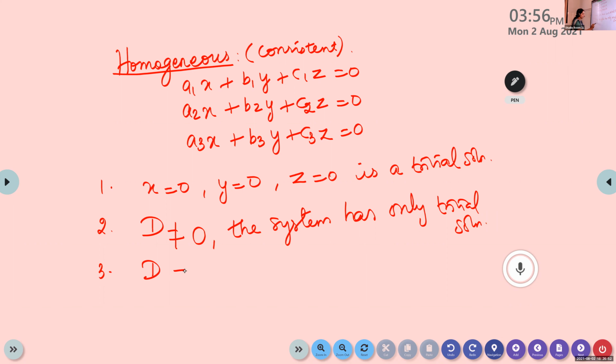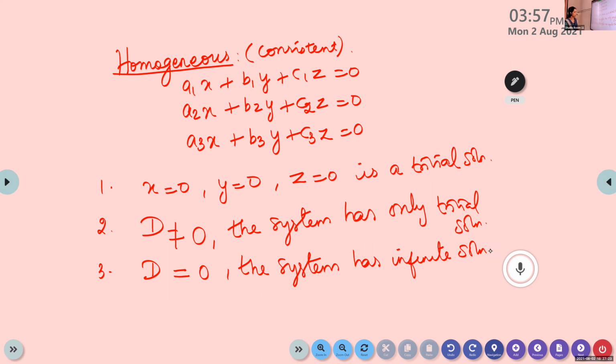If D is equal to 0, if the determinant value is 0, then the system has infinite solutions. So 1 mark questions will be asked from this type.